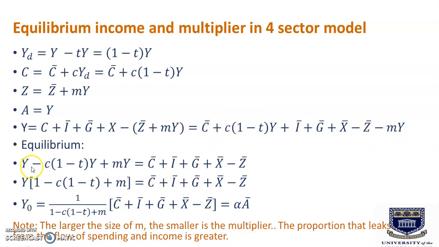So hence this becomes minus C in brackets 1 minus T close bracket Y, and this becomes plus MY. And what we left out on the right-hand side is all the autonomous components. So this represents total autonomous spending. So you have C bar, I bar, G bar, X bar minus Z bar.